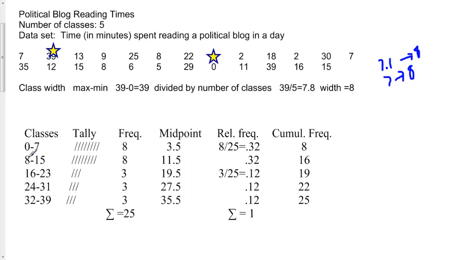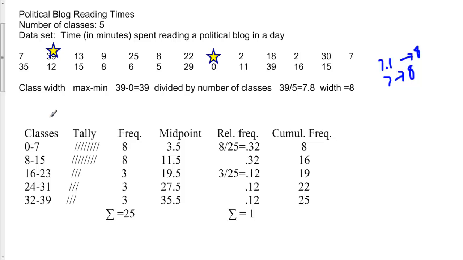That's what you do. This one begins with 8, so the one before it is going to have to end with 7. So I can go in and fill my upper class limits. This one begins with 16, so that would end with 15. This one begins with 24, so I end with 23, then 31, and here I would need to add 8 to find out that this one is going to end with 39.